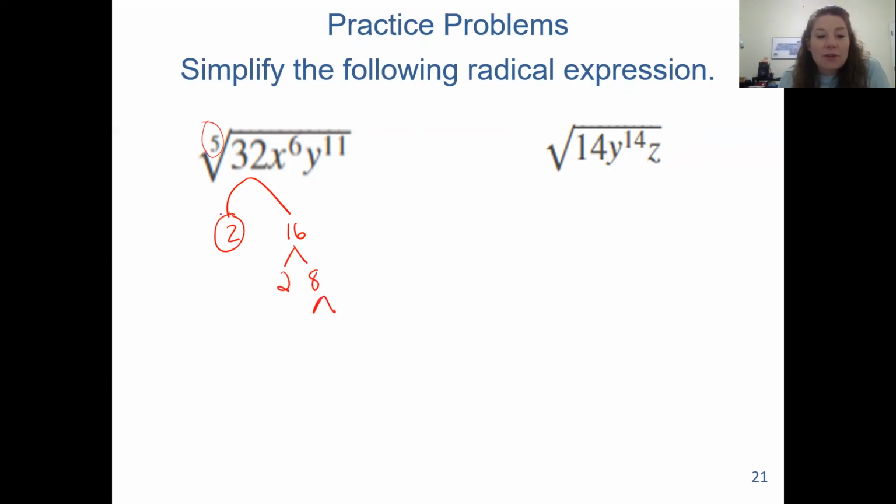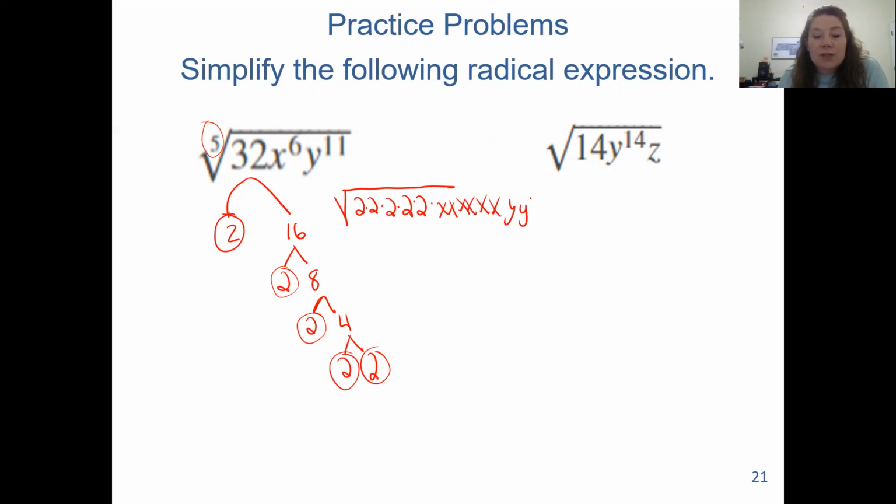Let's go ahead and circle our factors. 8 is 2 times 4, and then 4 is 2 times 2. So 32 is 5 twos. 6 X's, and 11 Y's.